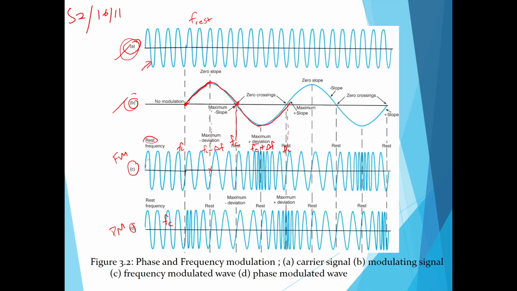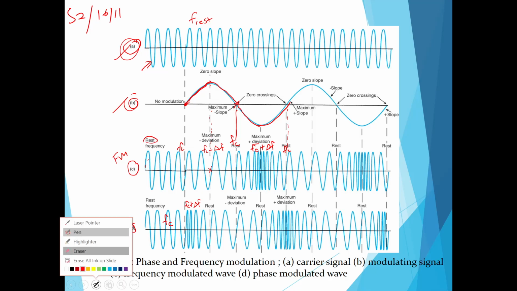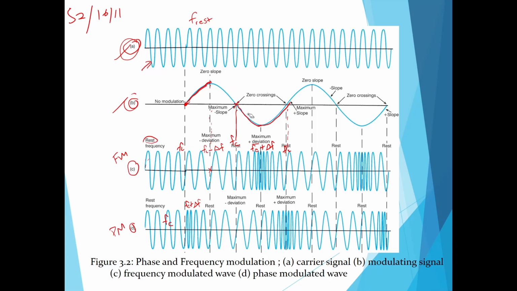So the frequency of the carrier becomes maximum, Fc plus delta F. And when the wave achieves the maximum peak amplitude, the output will be at rest frequency Fc.